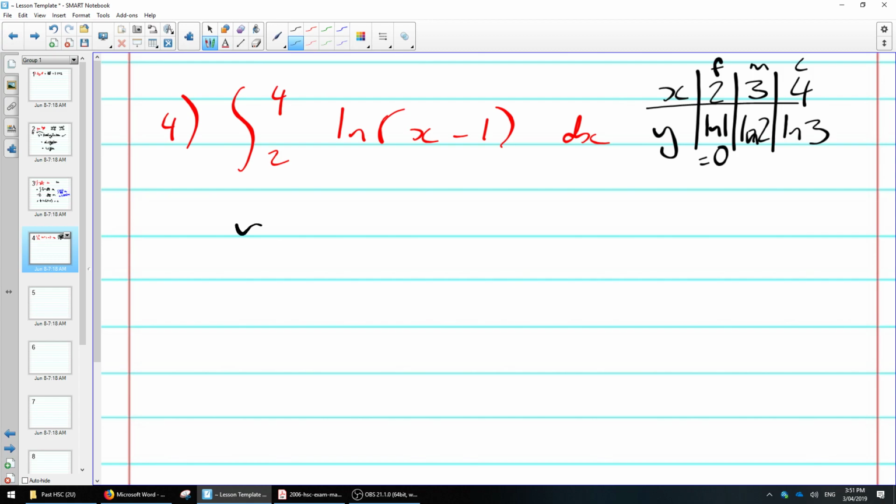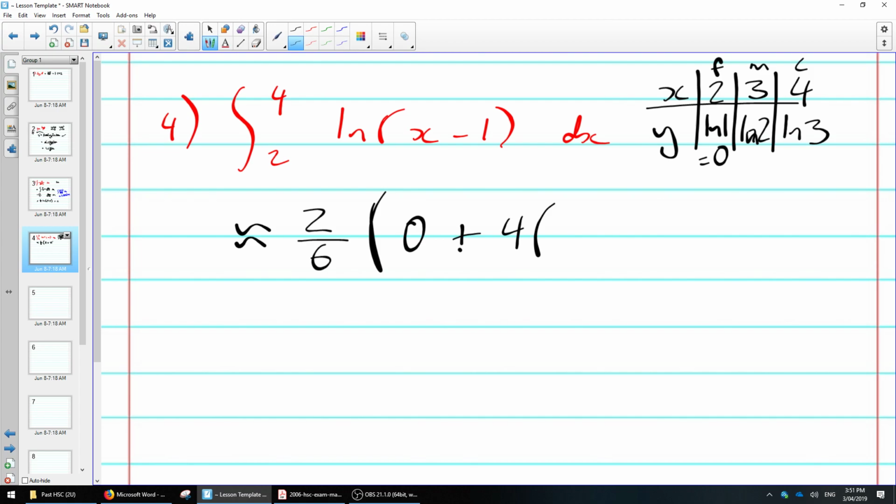So this is approximately equal to, first of all, what's the difference between 4 and 2? 2. So it's 2. The difference over 6 is always over 6. Bracket, the first thing. So not 2, don't sub in 2 here. Sub in 0 or lim 1. So 0 plus 4 lots of the middle one.